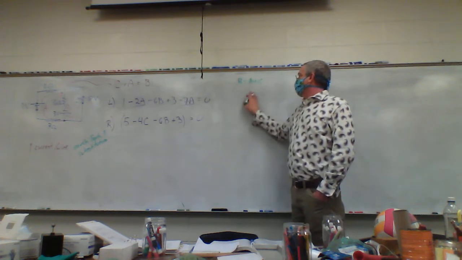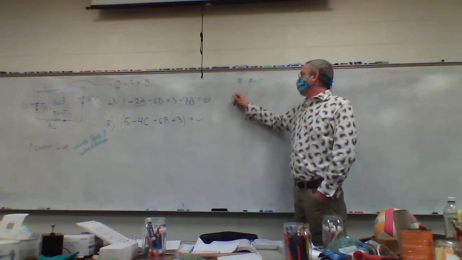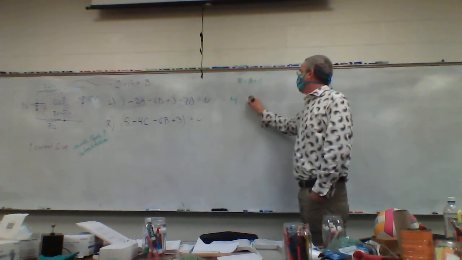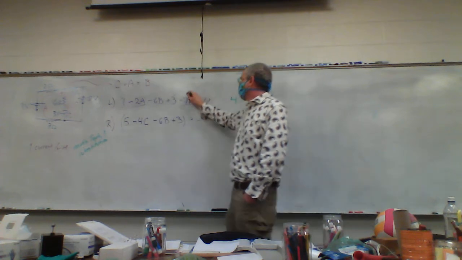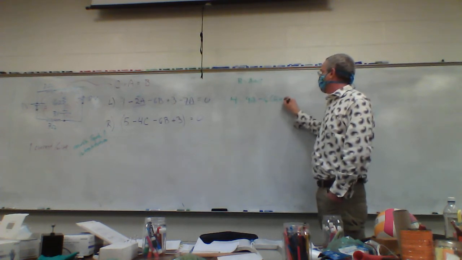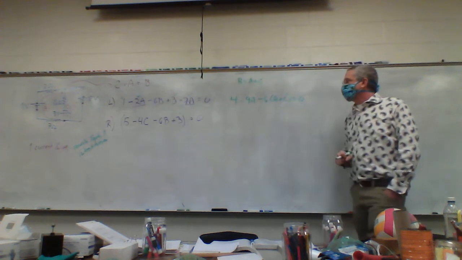And so this equation here, I had 4 minus 9a minus 6a plus c is equal to 0.